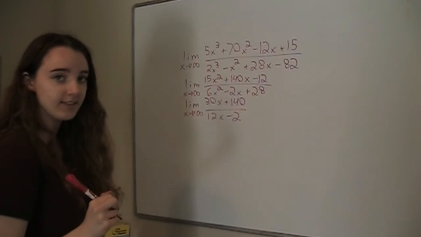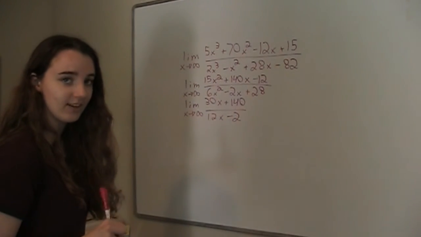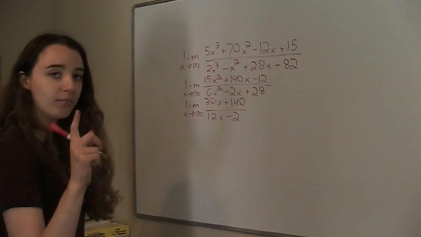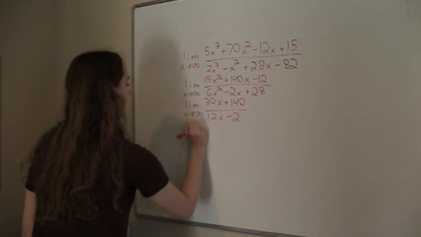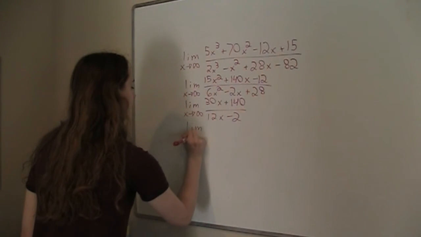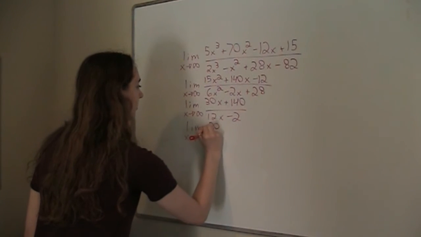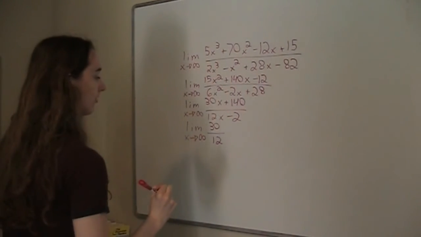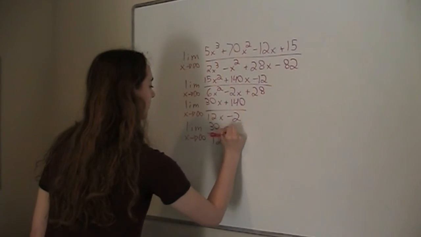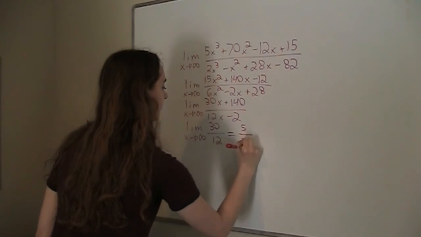We still have some x's in there, so if I plug in infinity for x, I will still get infinity over infinity. I'm going to take the derivative one more time to get rid of those x's. The limit as x approaches infinity of 30 over 12. 30 over 12 simplifies to 5 over 2.